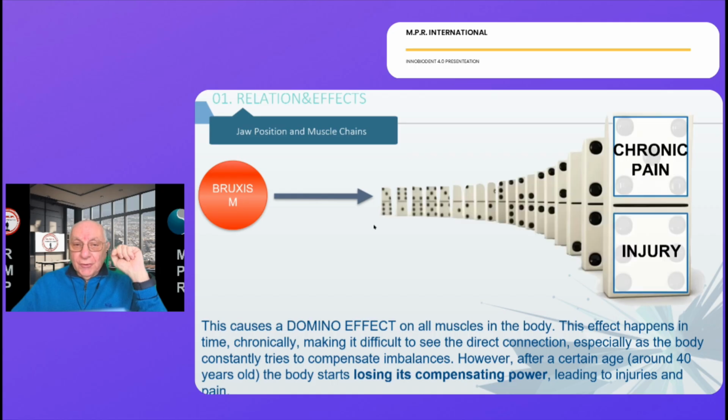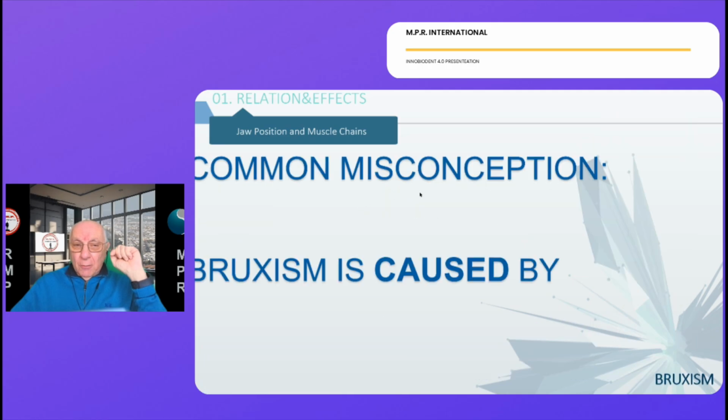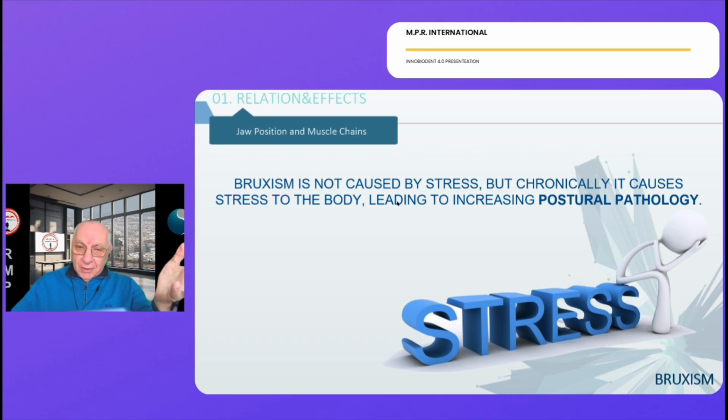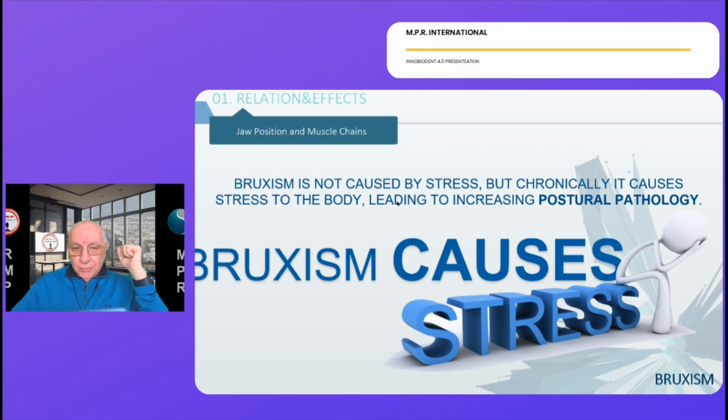Bruxism starts the domino effect that creates chronic injuries to the whole body. A common misconception is that bruxism is caused by stress. That is wrong. Bruxism is a defense. Obviously, chronically it is causing stress.